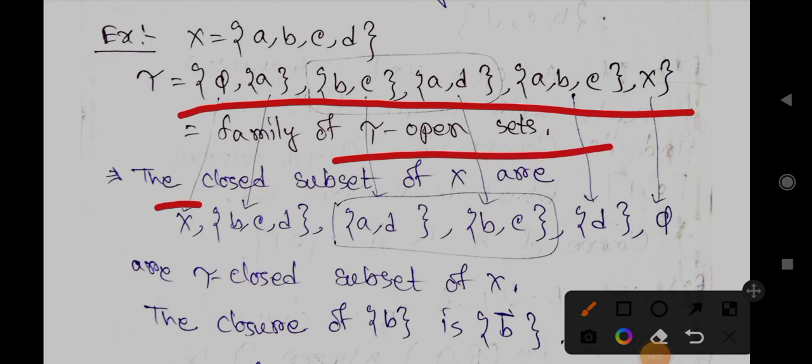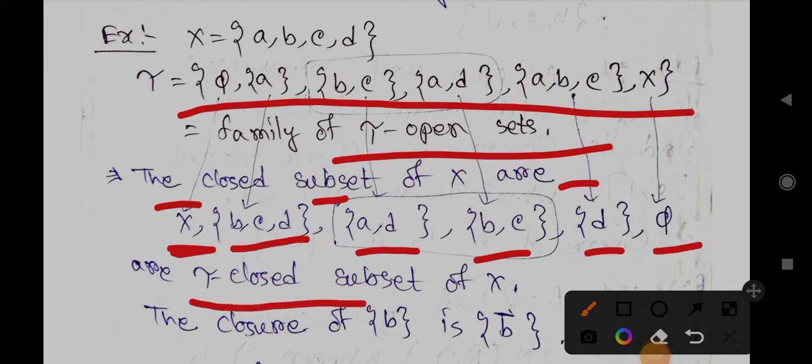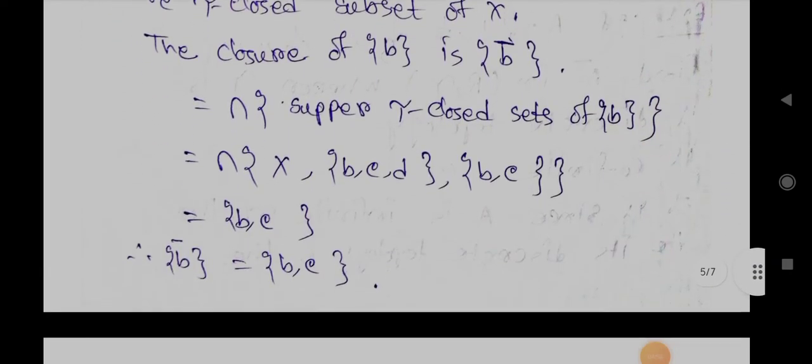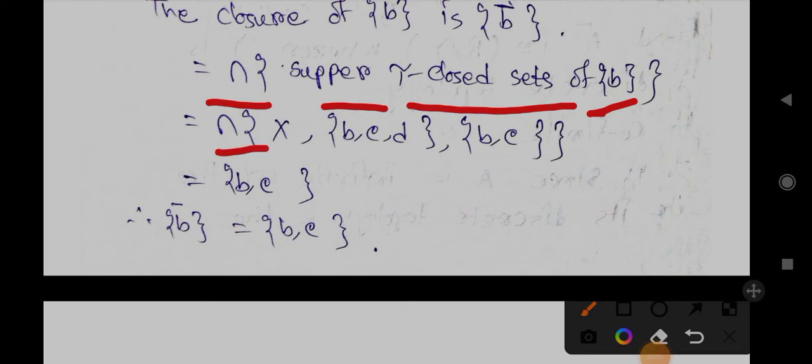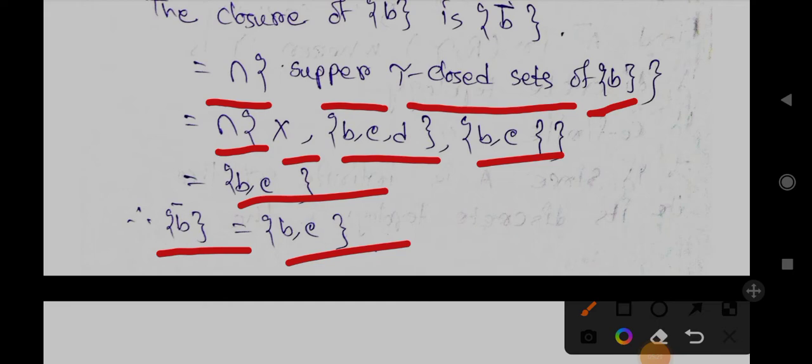Then the closed subsets of X are X, {B, C, D}, {A, D}, {B, C}, {D} and φ; these are τ-closed subsets of X. The closure of B is B bar equals the intersection of supersets of B that are τ-closed, which is the intersection of X, {B, C, D}, {B, C}, equals {B, C}. That is, B bar equals {B, C}.